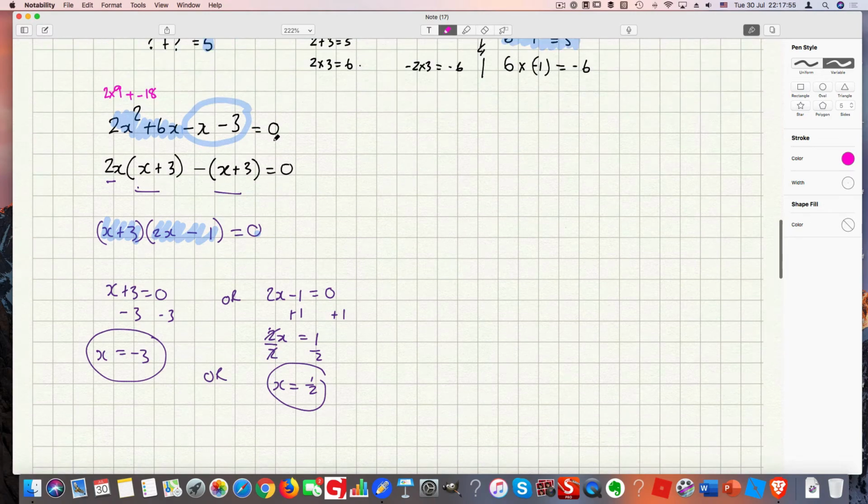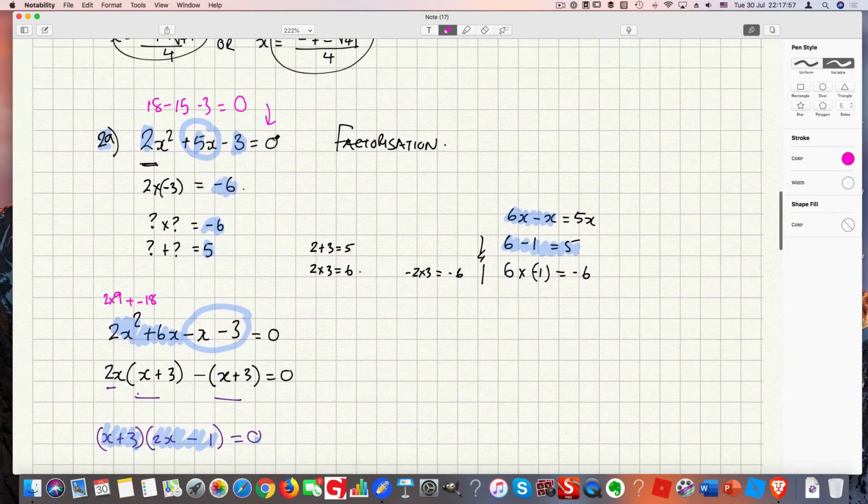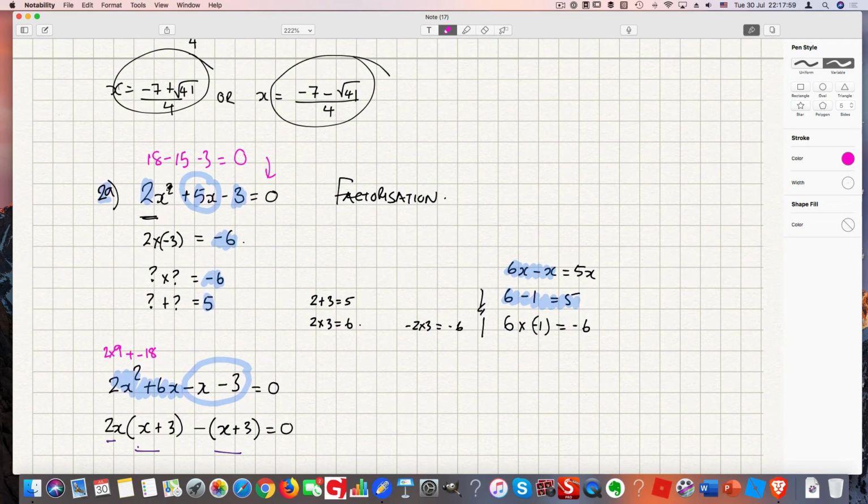Which means minus 3 is correct. We can check a half as well. If we put a half, then a half squared is a quarter, so that's 2 times a quarter, plus a half times 5 is 5 over 2, minus 3. So 2 times a quarter is what?